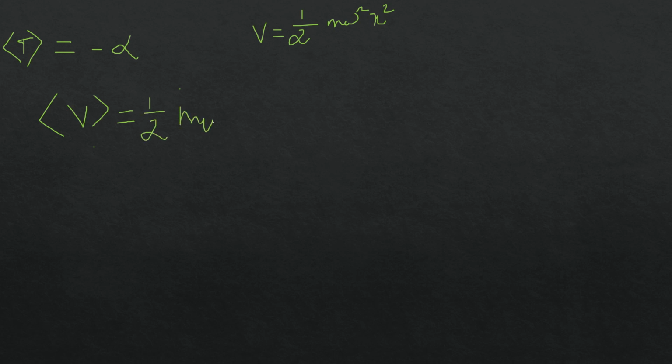I can write it like this, half m omega square, expectation value of x square, isn't it? So I can write it like this. Expectation value of x square, how will I calculate this?